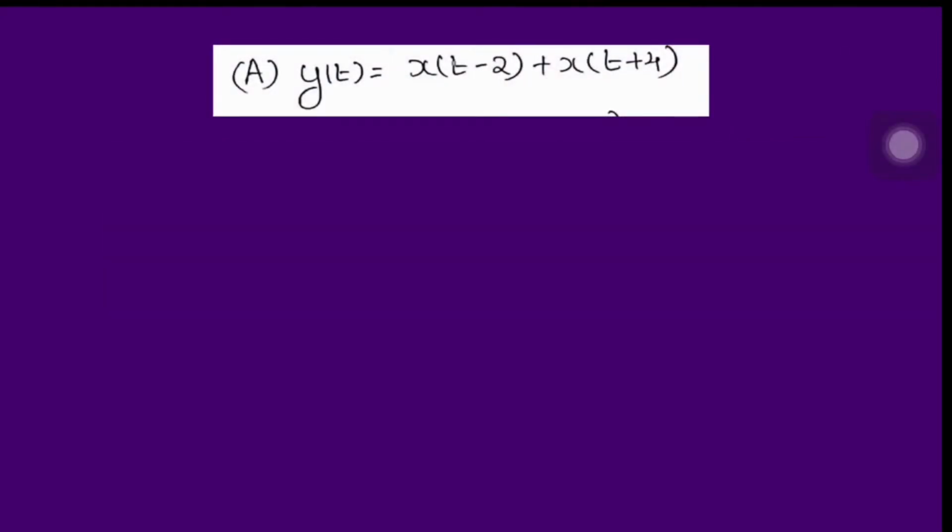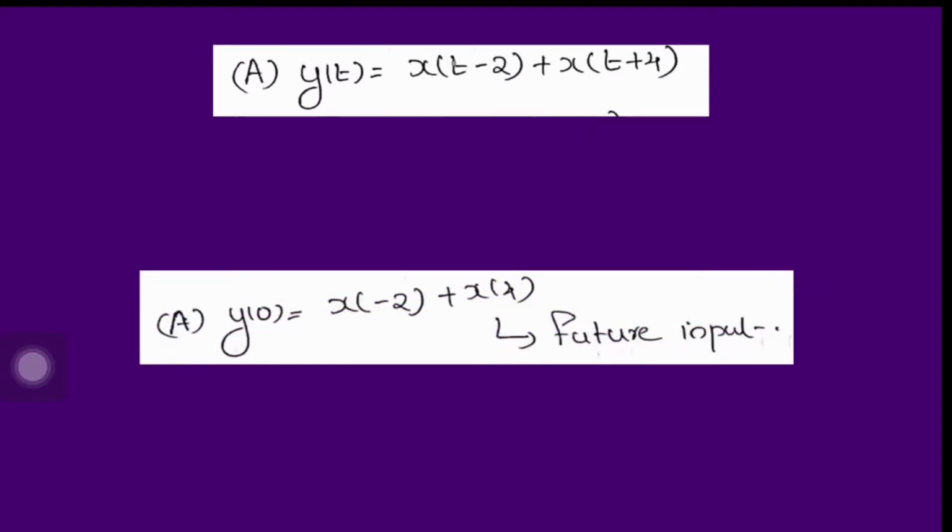First, consider option A, where the system equation is given as y of t is equal to x of t minus 2 plus x of t plus 4. If we substitute t equal to 0, we get y of 0, that is output of the system at time instant 0, as x of minus 2 plus x of 4. So it is clear that the output at time instant t equal to 0 depends on input at time instant t equal to minus 2 and input at time instant t equal to 4.